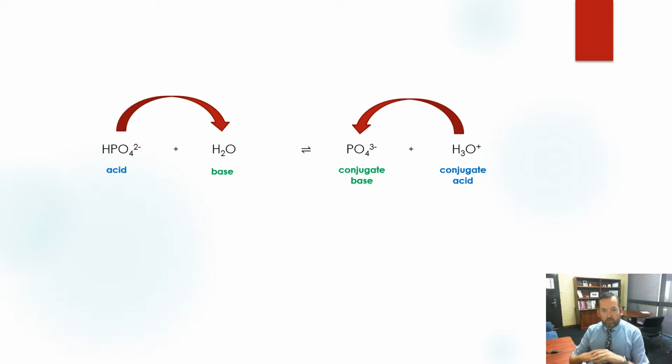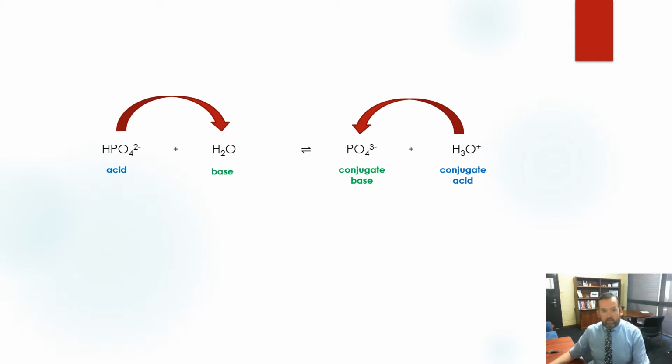The only difference between the original substance and its conjugate, either acid or base, is either one more proton if you're going from base to acid, or one less proton if you're going from acid to base. Okay, so that's the way you've got to remember that. So that equation there and the diagrammatic arrows and the labeling will demonstrate in your question that that hydrogen phosphate ion is actually acting as an acid.